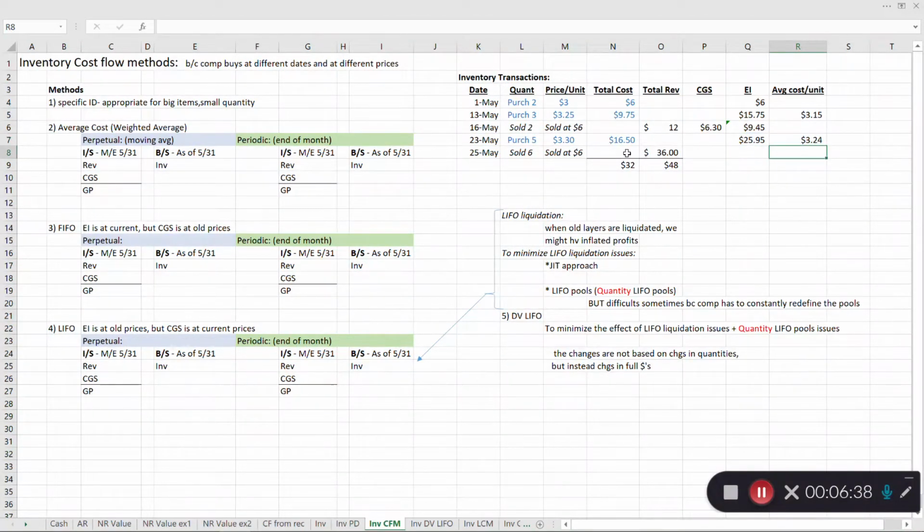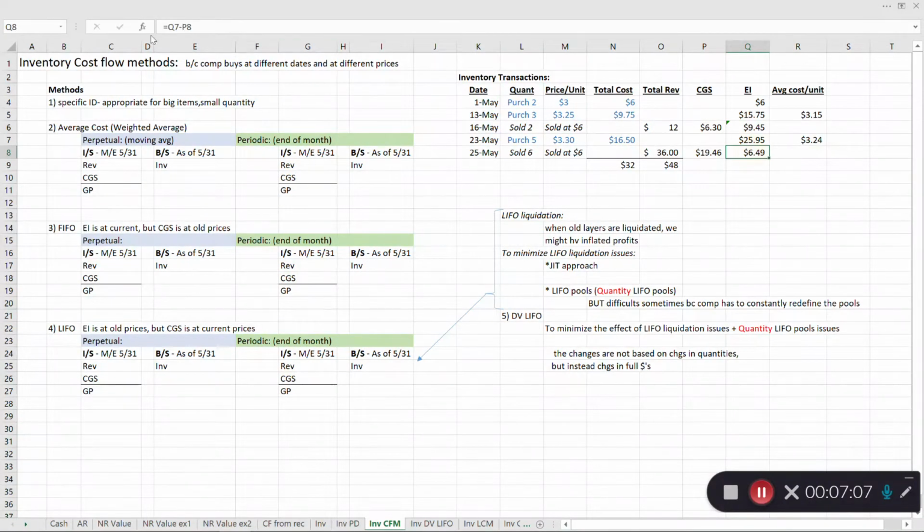So on this next transaction where I sell 6, the cost of goods sold is going to be the new average cost per unit based on a moving average times 6 units that I sell. And that's 1946. My ending inventory will now be whatever it was before minus what I cost out here, which is 649.